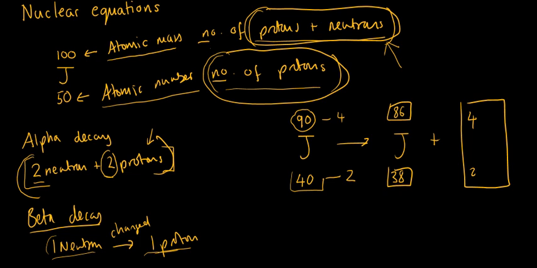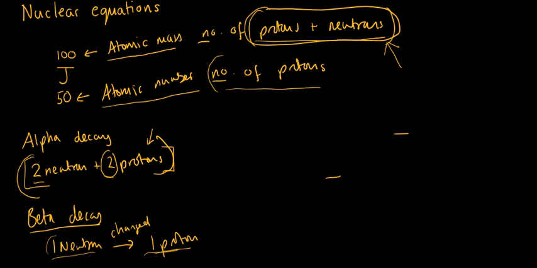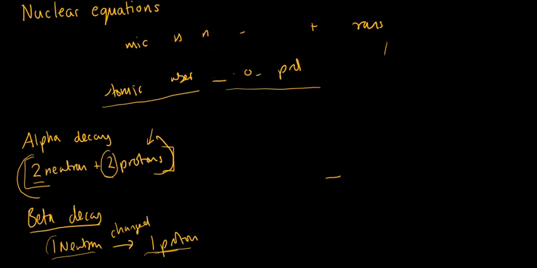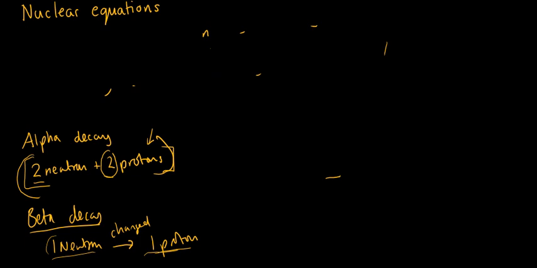So in summary, what we can say then is we can say alpha particles, 2 neutrons and protons are lost, so therefore it's -4 and -2. -4 from the atomic mass, -2 from the atomic number.